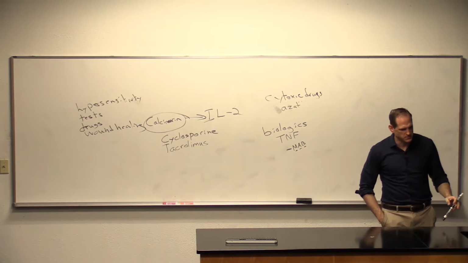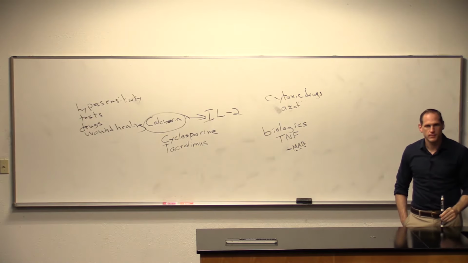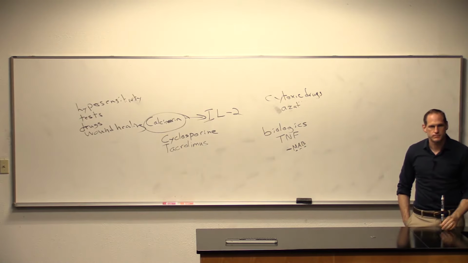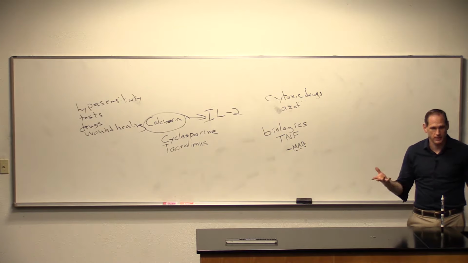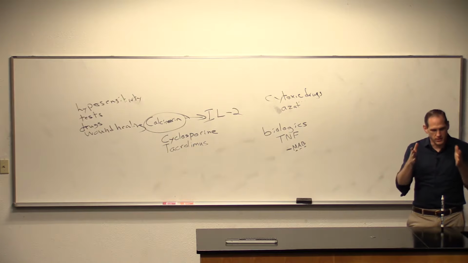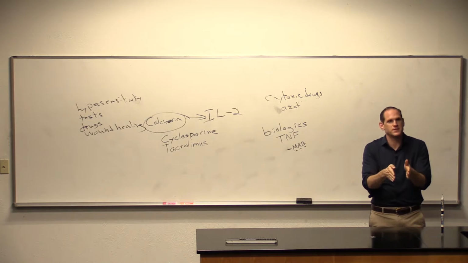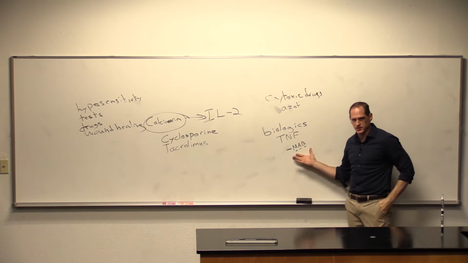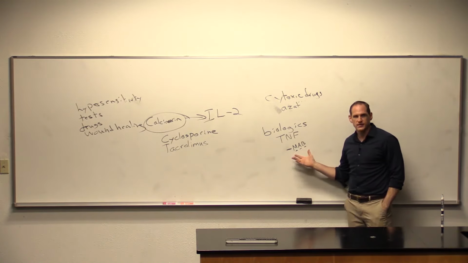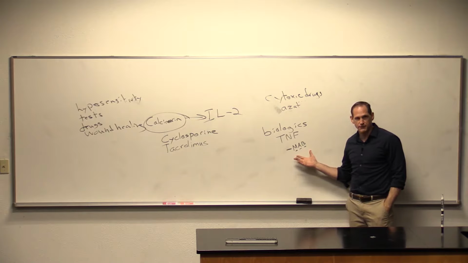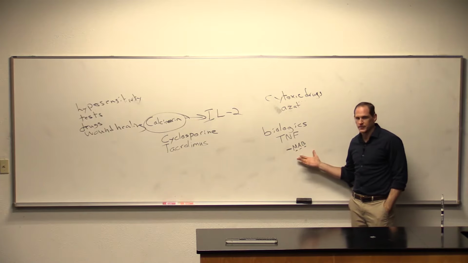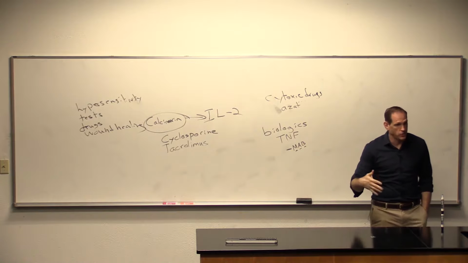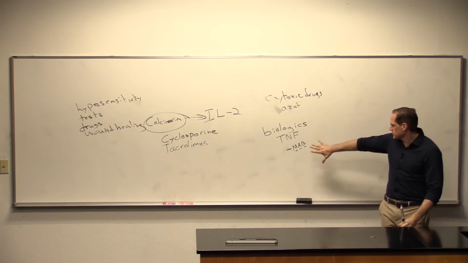What does monoclonal mean? Mono meaning one, clonal meaning clone. So they're cloned against one specific antigen. The specific antigen in most of the cases is TNF alpha.